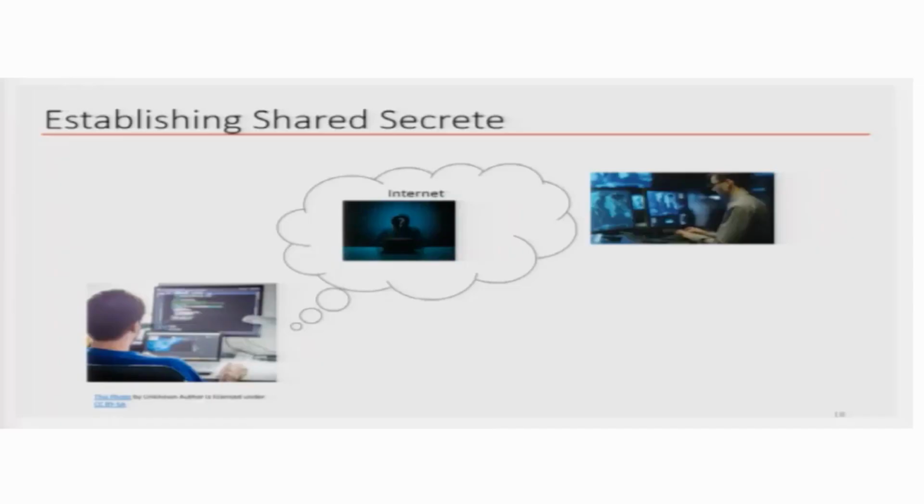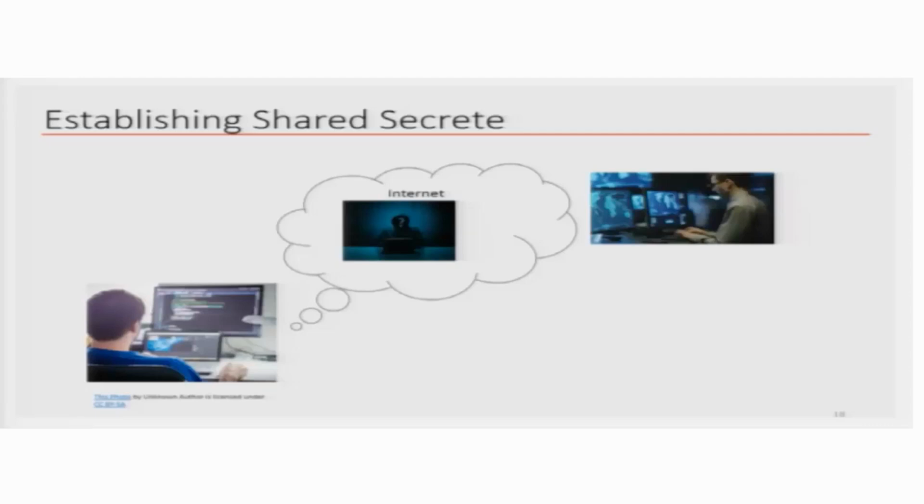So, now the question is how is it used to establish a shared secret, because as I said, public key cryptography is usually based on a very complex mathematical problem compared to secret key cryptography or symmetric key cryptography, where bit shuffling and bit permutation, this kind of stuff is used. So, it is very fast to implement, whereas in this case normally what we do is we try to solve a very complex mathematical problem rather than simple bit shuffling.